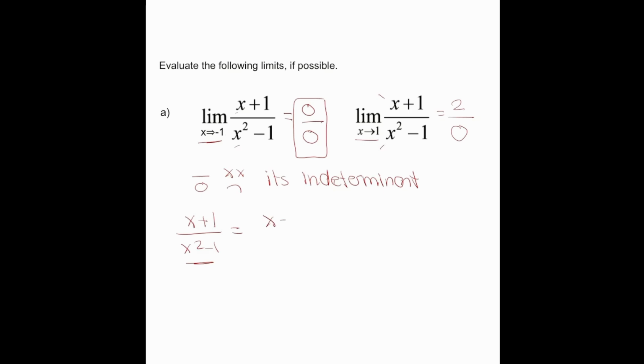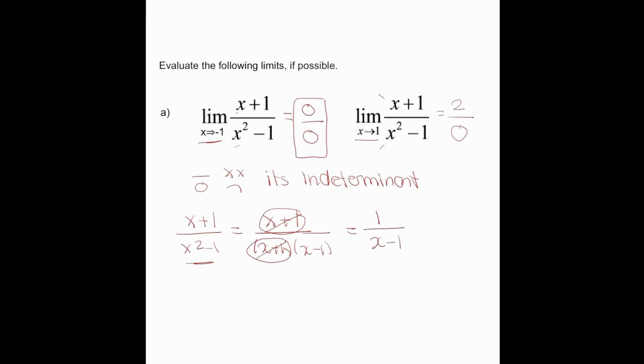So I have x plus 1 on the top. As I factor the bottom, I get x plus 1, x minus 1. We have x plus 1 now both in the numerator and the denominator, which means we can eliminate it. And that leaves us with 1 over x minus 1.